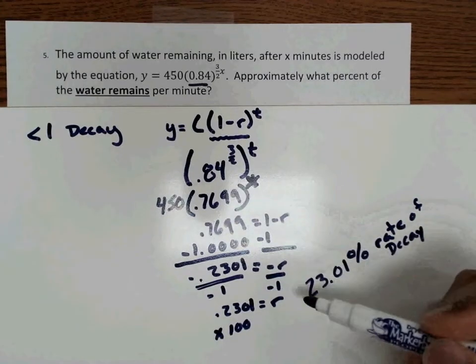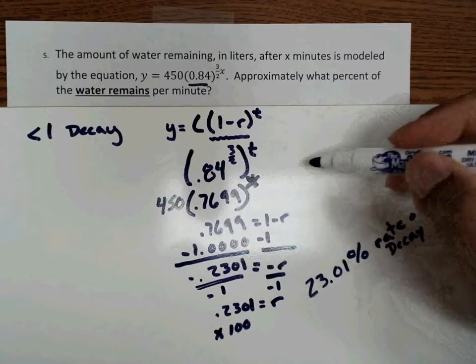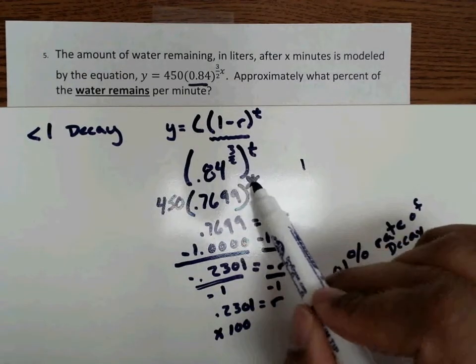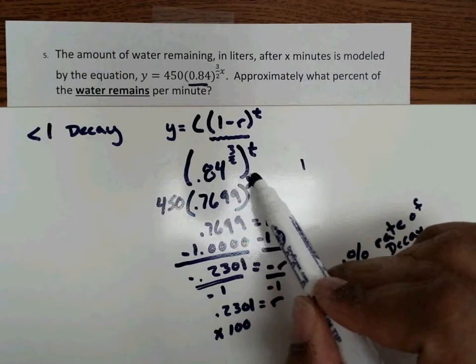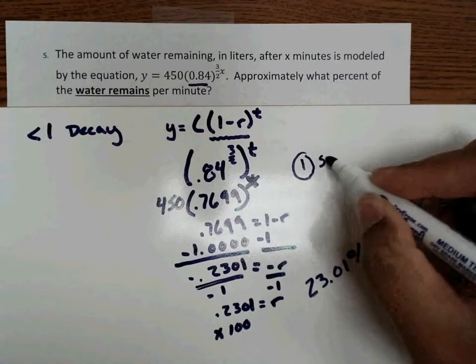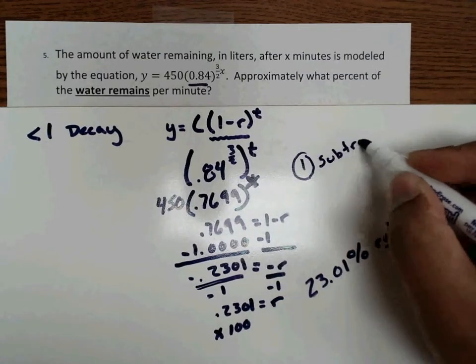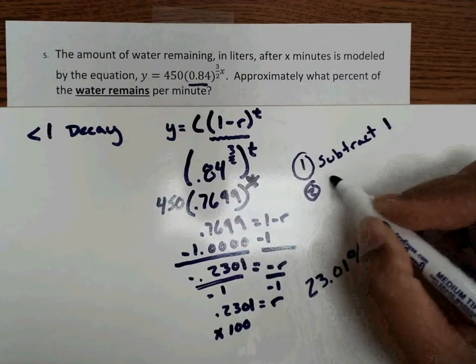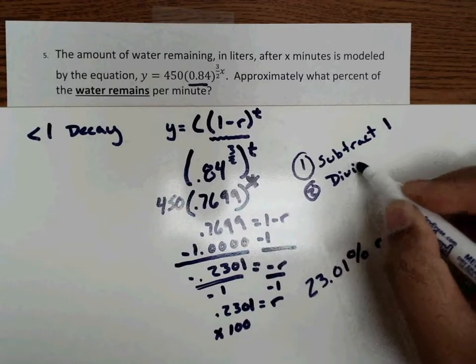Alright, so just to go through the steps again, remember the first thing we did? Well, the first thing we did was to make sure that there's no number in front of our x. Then after that, we simply subtract 1. The second thing we did was divide by negative 1.